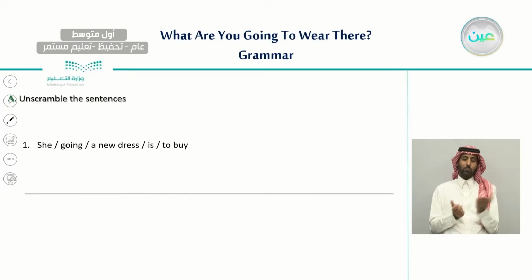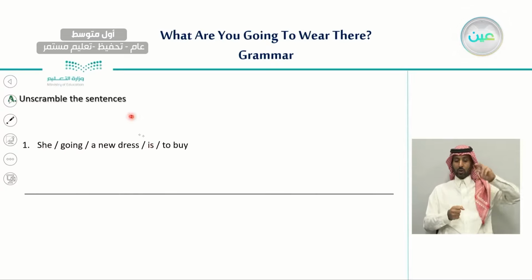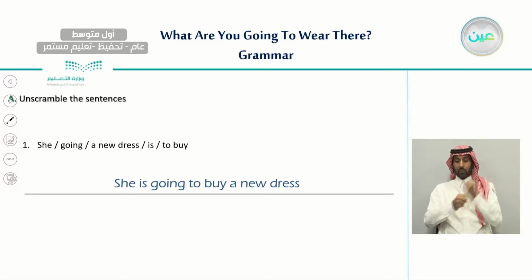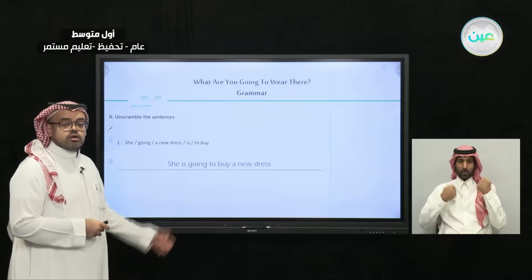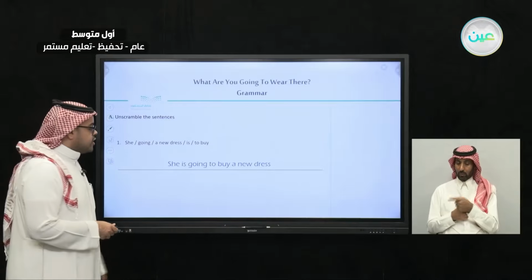We always start with the subject pronoun, in this case she, and the verb to be will be is, and then going to, and a regular verb, and then we complete the sentence. So the answer will be, she is going to buy a new dress. So here you have the first answer.